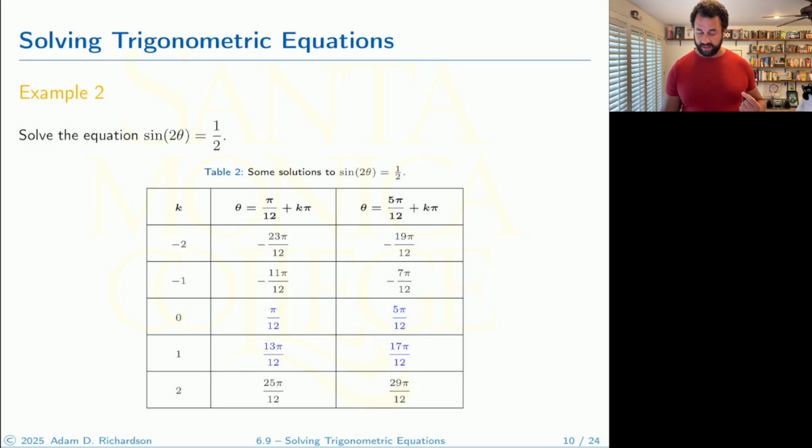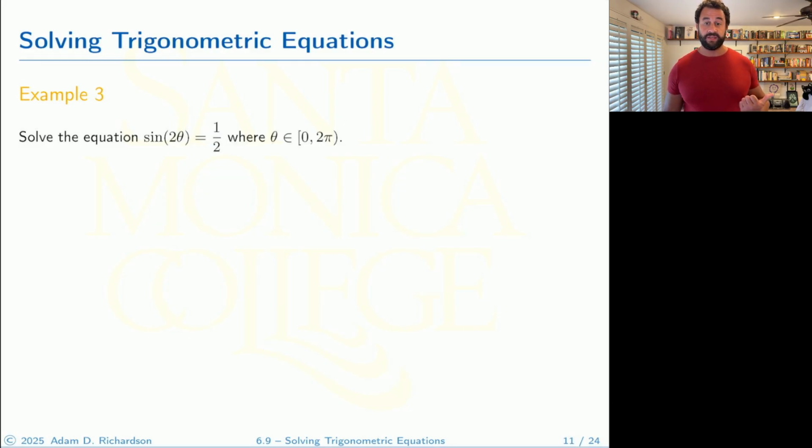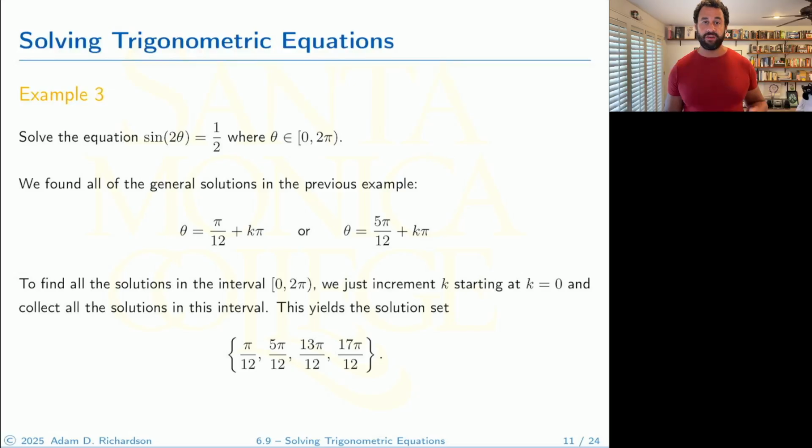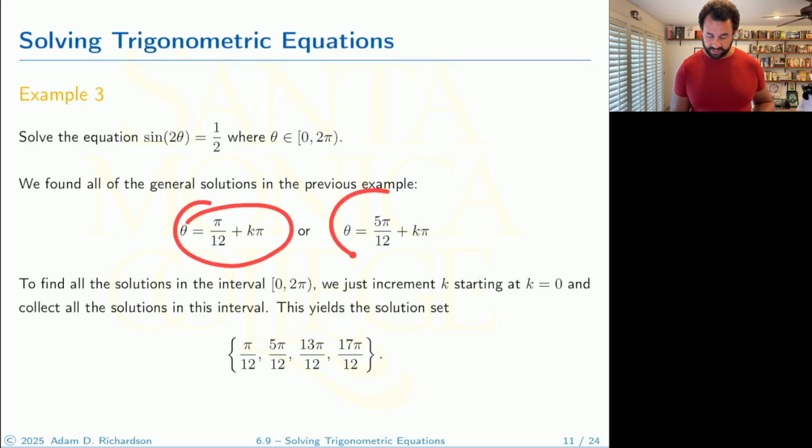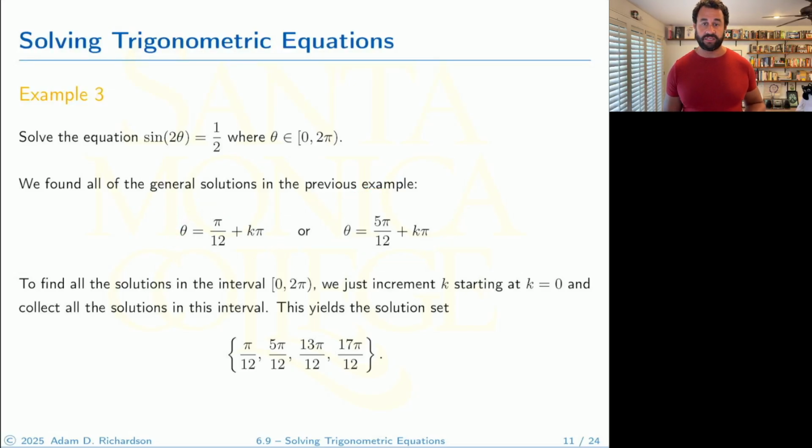Let me explain that in an additional example. Now this is the same question, but the question specifies that theta has to be in the interval 0 to 2 pi. Well, we already found the general solutions to this equation in the previous example. Now, if we want to know the angles theta in 0 to 2 pi that solve that equation, we're just going to increment k.